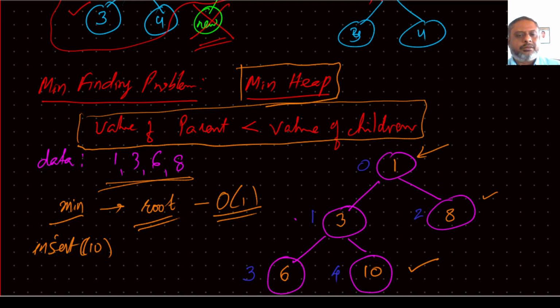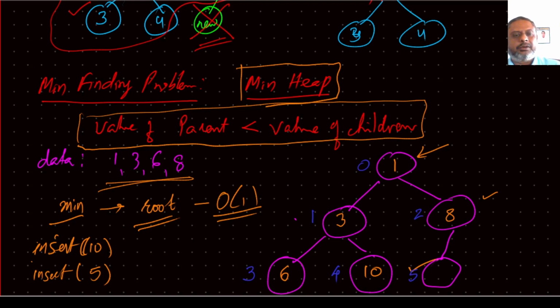So what next? Can I insert another value, say 5? Where should I insert it? The only option I have is to insert here, whose index is 5. That's a property of the heap. So you can't forget that the next number should be inserted here.